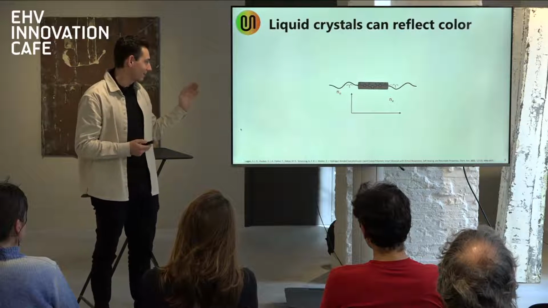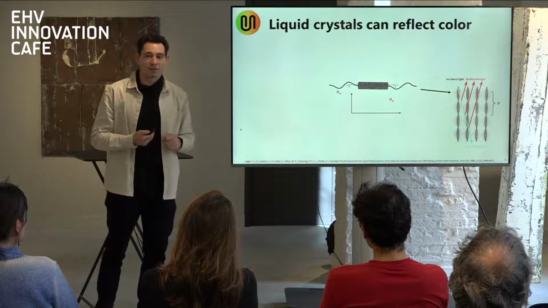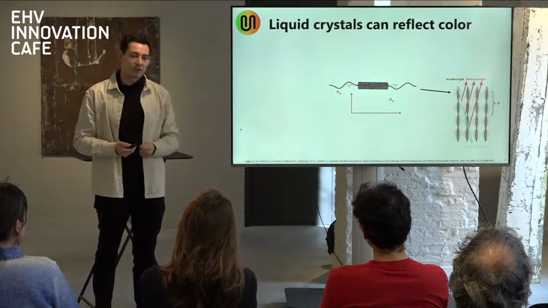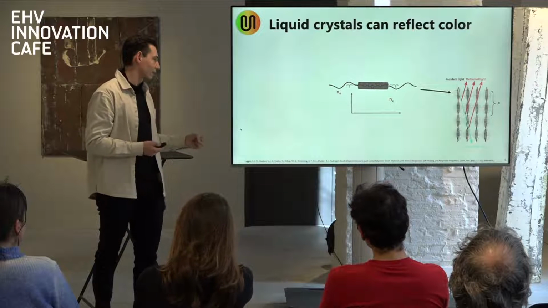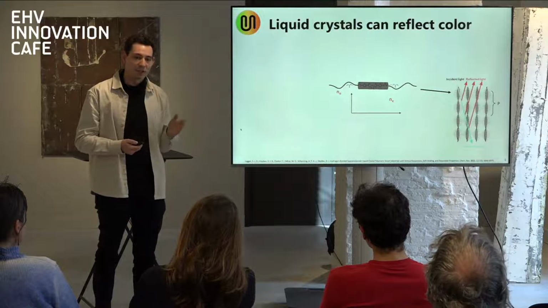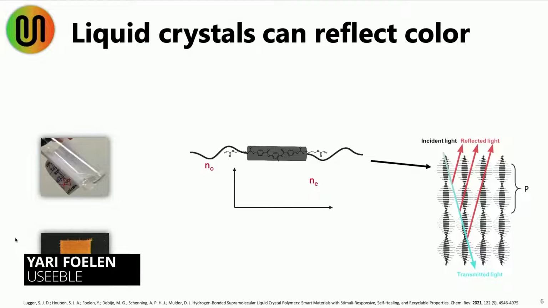So if we then order these molecules periodically, we get a constructive interference of light, and that way we get a structural color effect, meaning the constructive interference really reflects one specific color. And that's why we can print with transparent ink, and once it reaches the right kind of order, you see a colored material on your substrate.